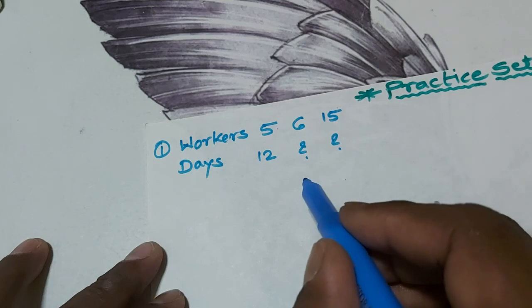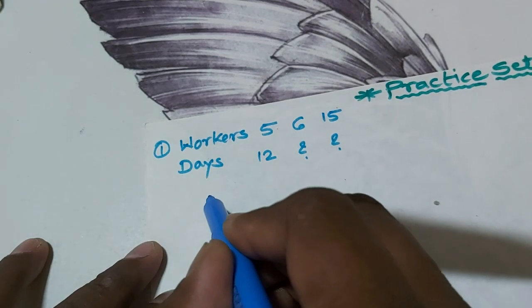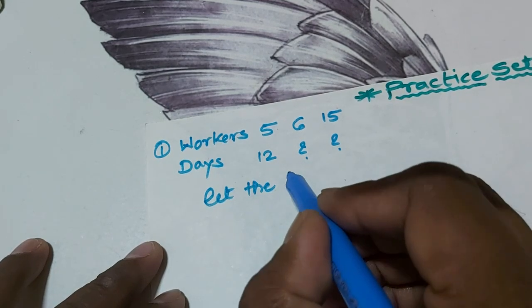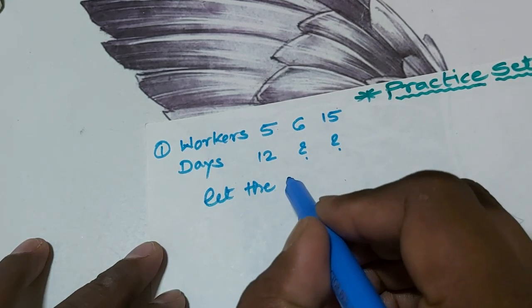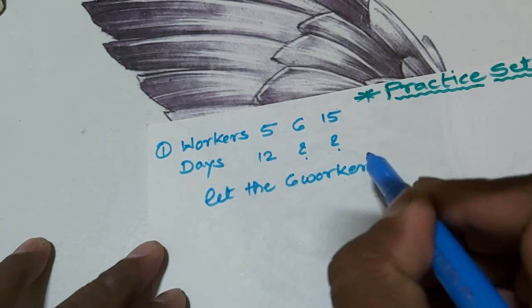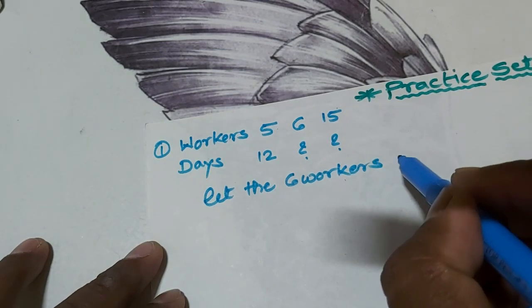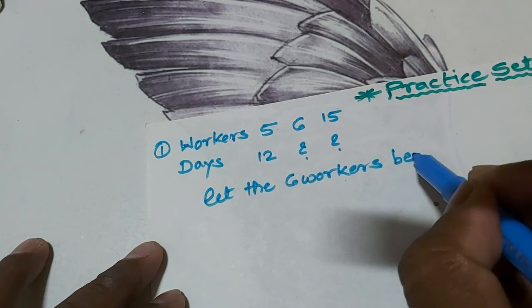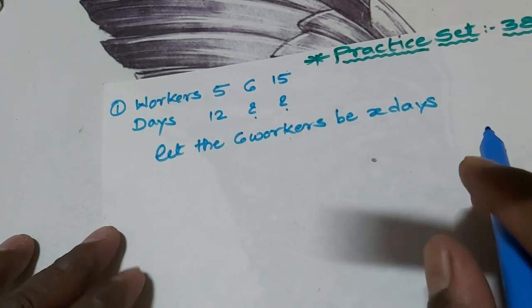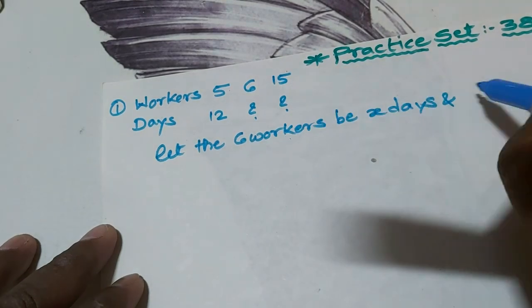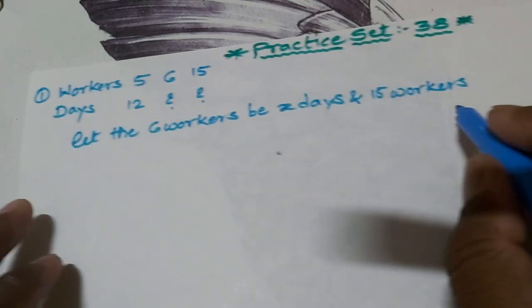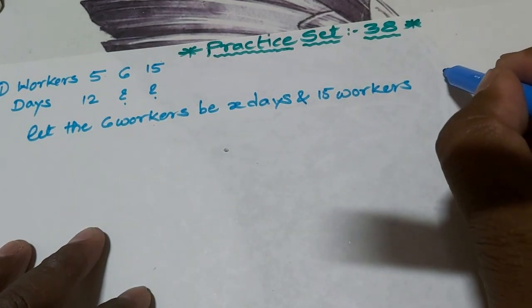So we will write: let the 6 workers take x days and 15 workers take y days.